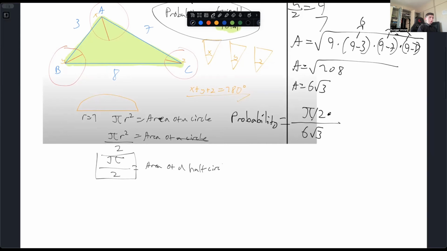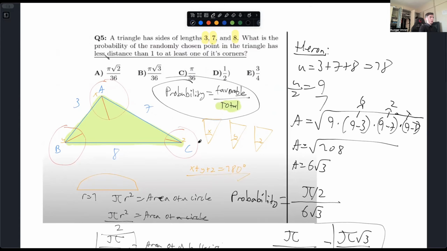So if we take this through to the denominator, it is going to be equal to pi over 12 root 3. And then after that, if you multiply both the denominator and the numerator by root 3, it is going to be equal to pi root 3 over 36.